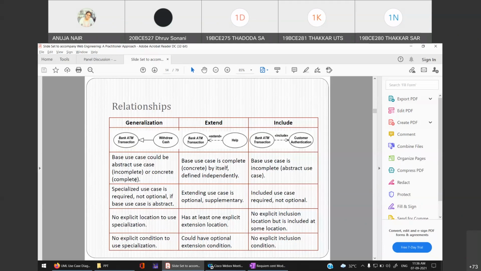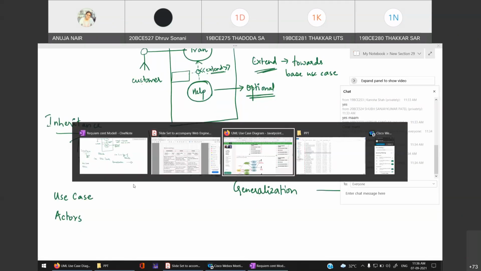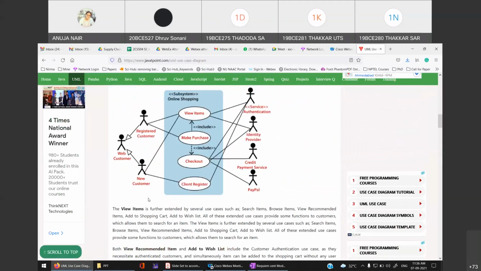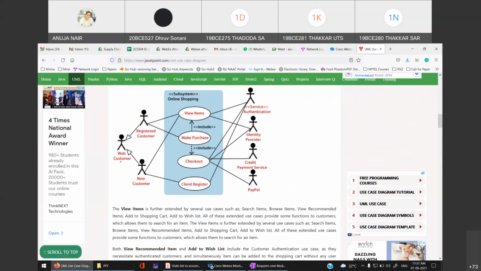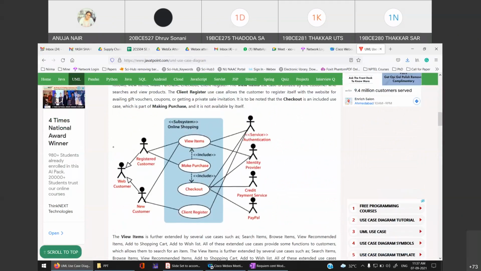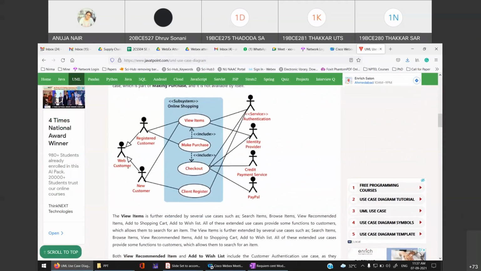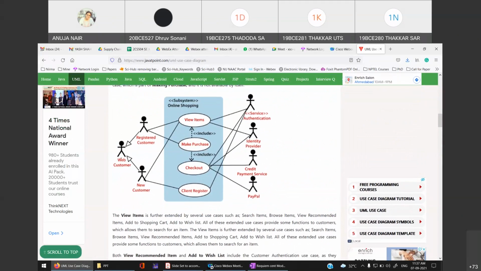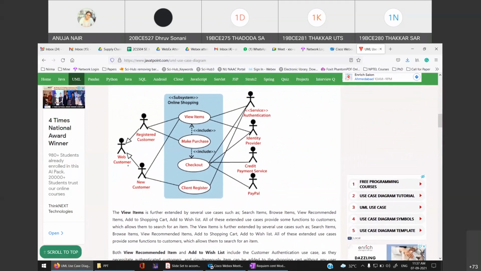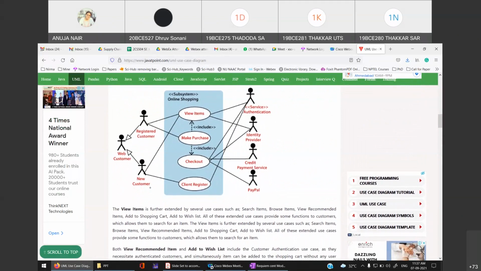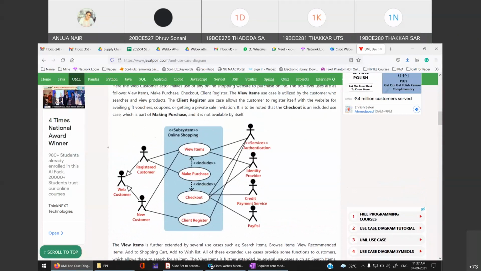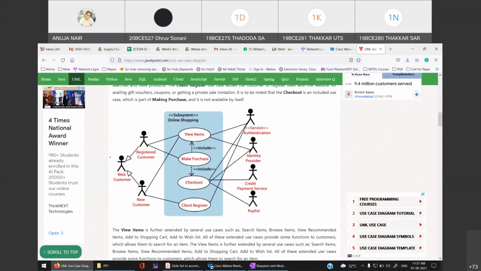Now, in terms of diagrams, if you see over here, here is my first generalization. Who is my parent class here? My parent class is this web customer. I'm showing that web customer can be of two types: one is a registered customer and second is a new customer. So this is one generalization shown in terms of actors.